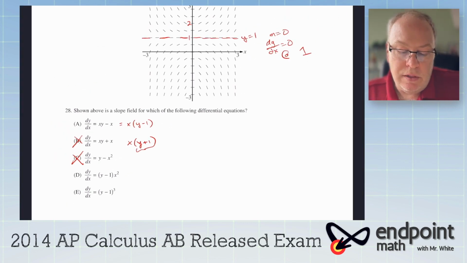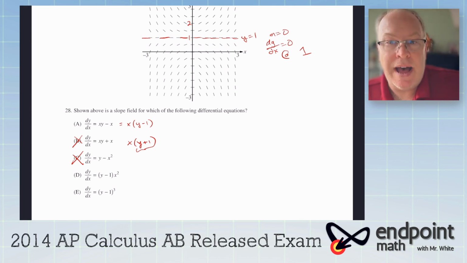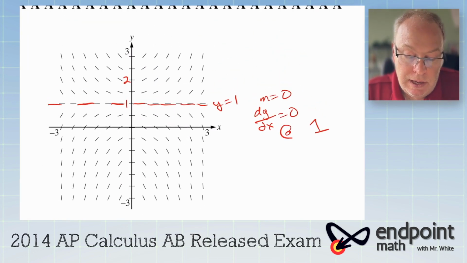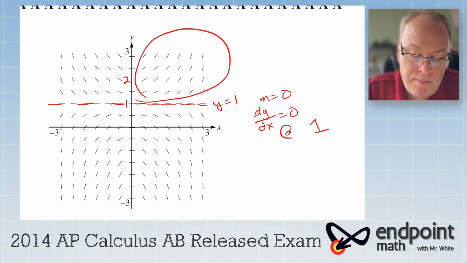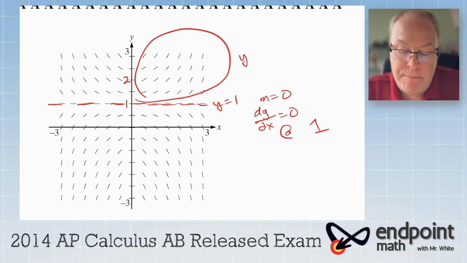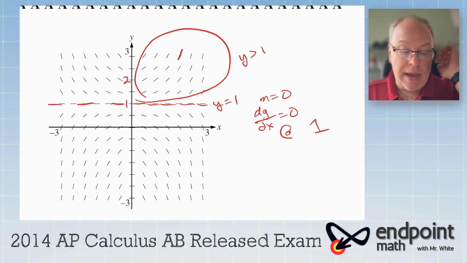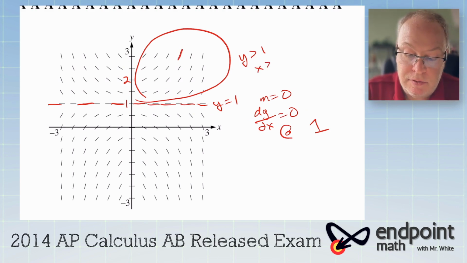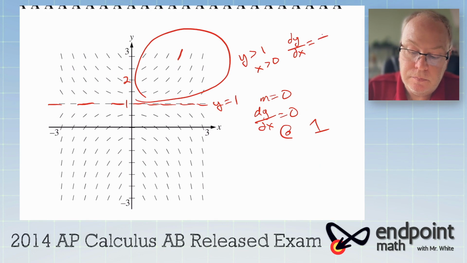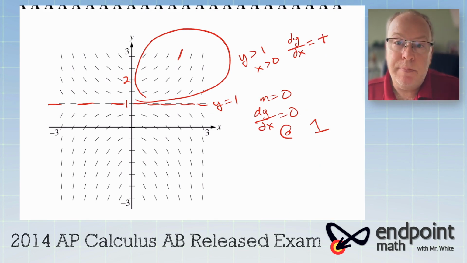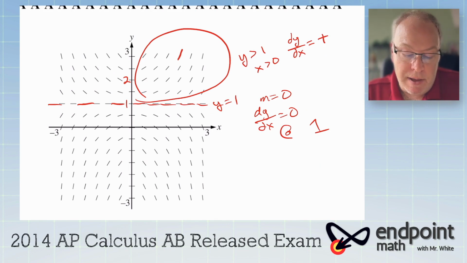All right, so what do we look for next? Well, what I look for is that when y is bigger than 1, and by the way, x is positive, I notice that we're getting positive slopes out of that. So when y is bigger than 1 and x is positive, we get positive slopes.